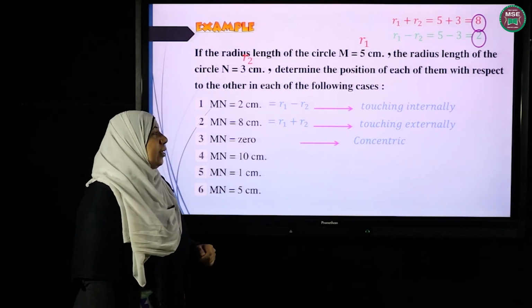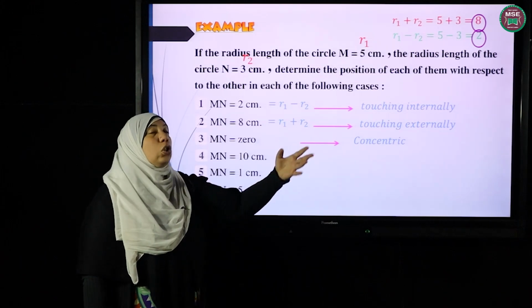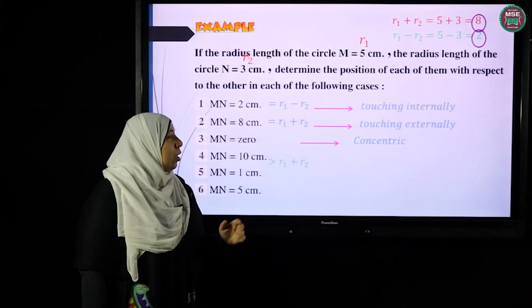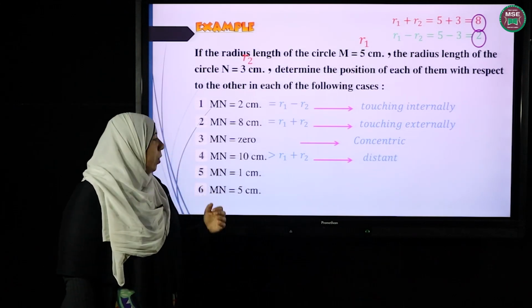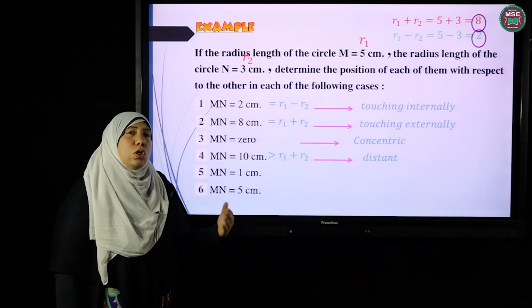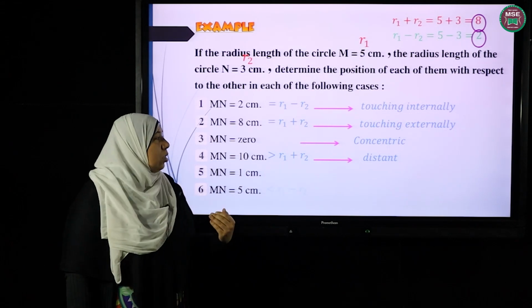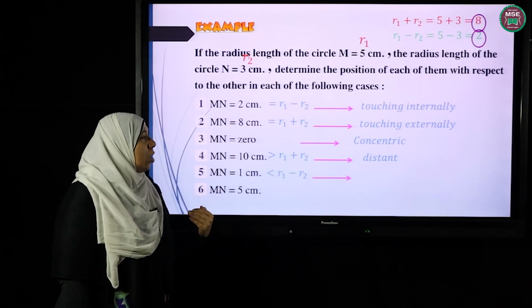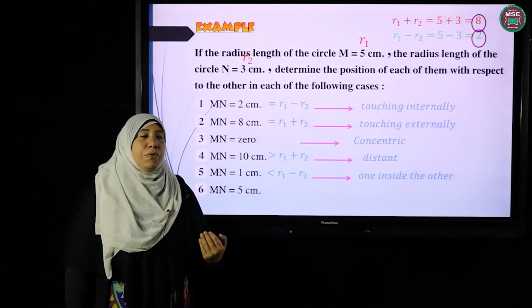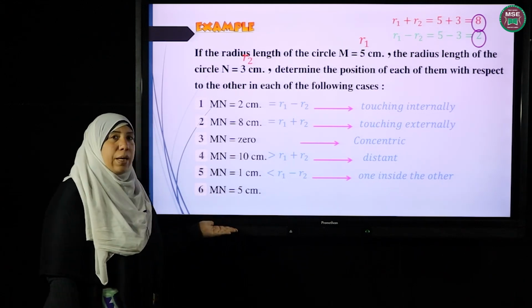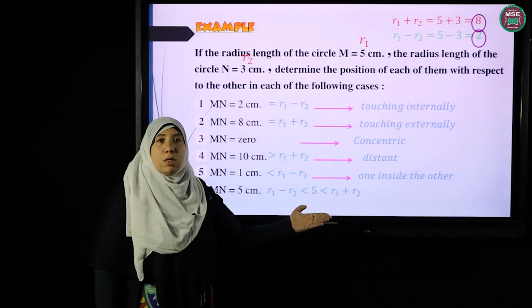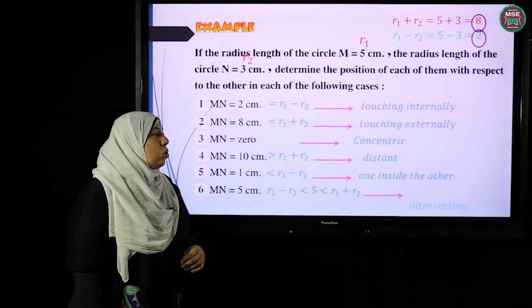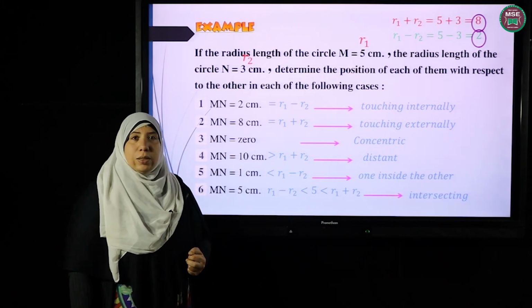If MN equals 10 centimeters, which is greater than the sum, they are distant circles. MN equal 1, smaller than the difference, so one is inside the other. And the last position, MN equal 5. 5 is a number between the difference and the sum, so these two circles are intersecting.